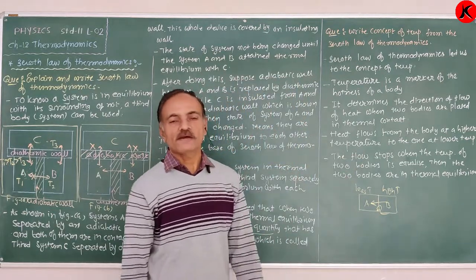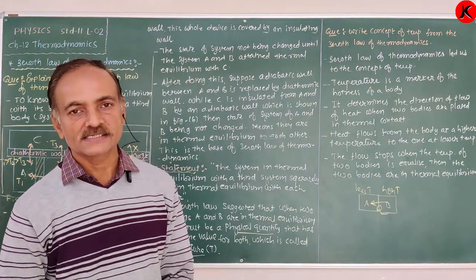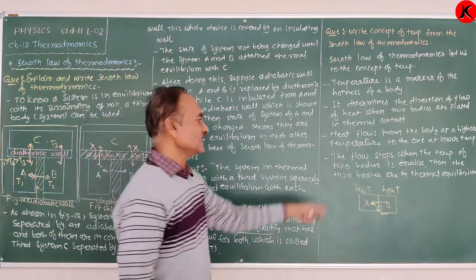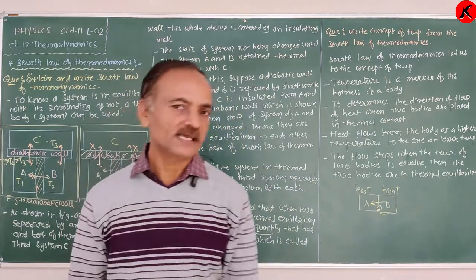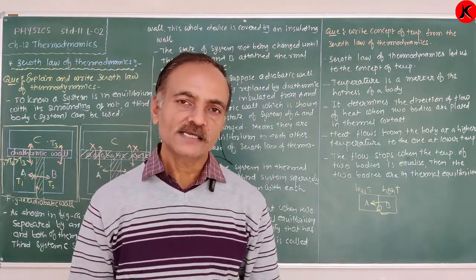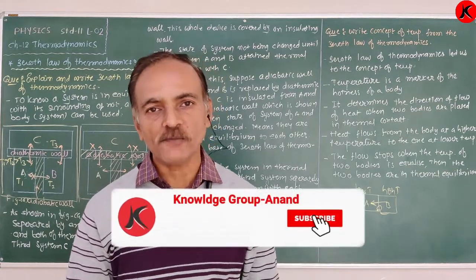The flow stops when the temperatures of both bodies become the same, or equalized. Right? And we can say that these two bodies are in thermal equilibrium with each other. Clear? So that is the Zeroth law of thermodynamics and also the concept of temperature.